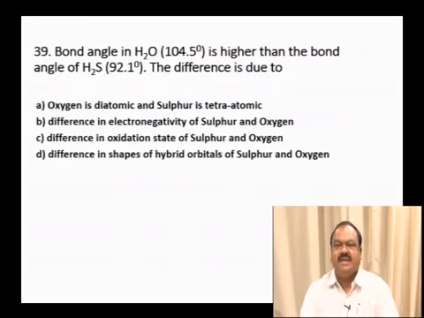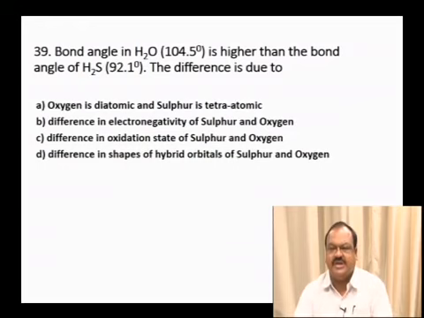Sulfur has less electronegativity. So, when we observe the options: oxygen is diatomic, correct, and sulfur is tetraatomic, correct. Difference in electronegativity of sulfur and oxygen. Difference in oxidation state of sulfur and oxygen.